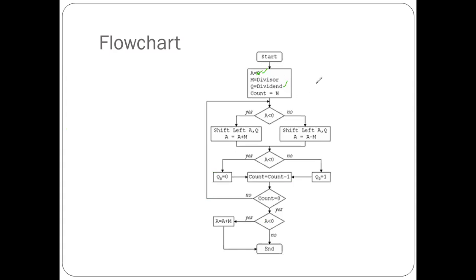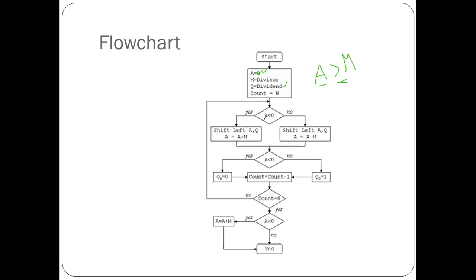It means if the first n bits of A are greater than the first n bits of M, we can conclude that there is a division overflow error. That step I haven't mentioned here, that is by default.